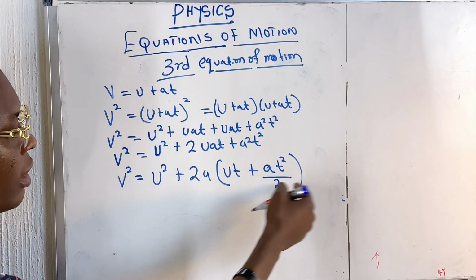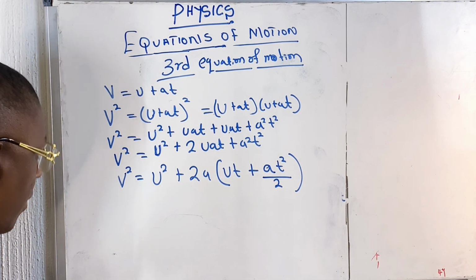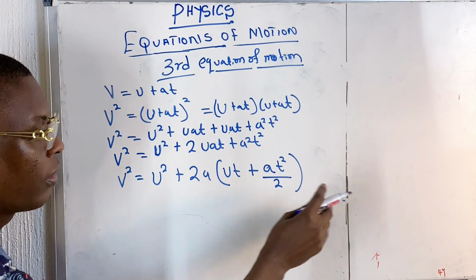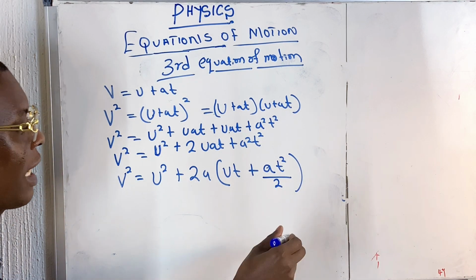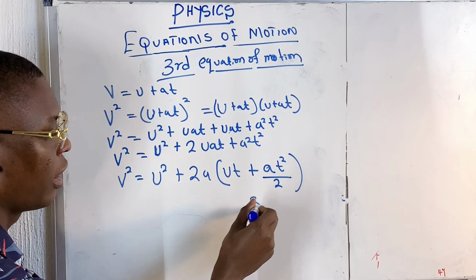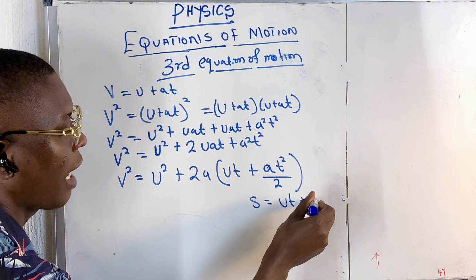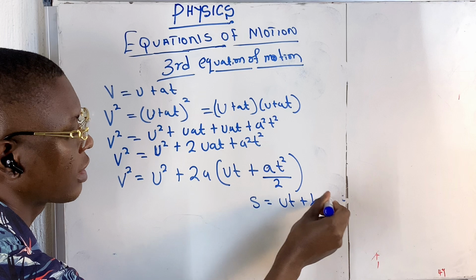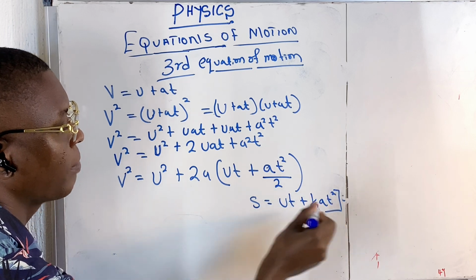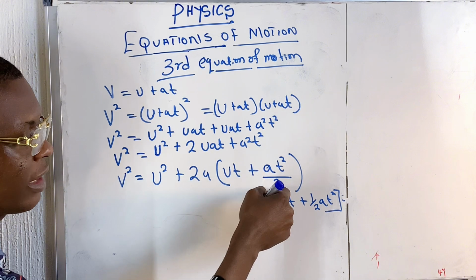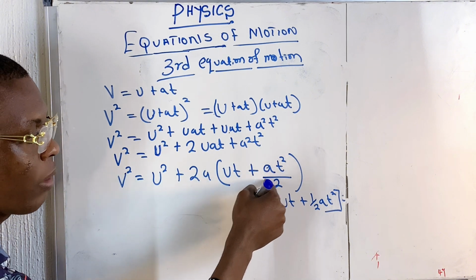So now having this in this nature, remember that the second equation of motion states that S is equal to ut plus half at squared. So it means that everything here, ut plus half, remember that this 2 here, if I should bring it to the front, it becomes 1/2.